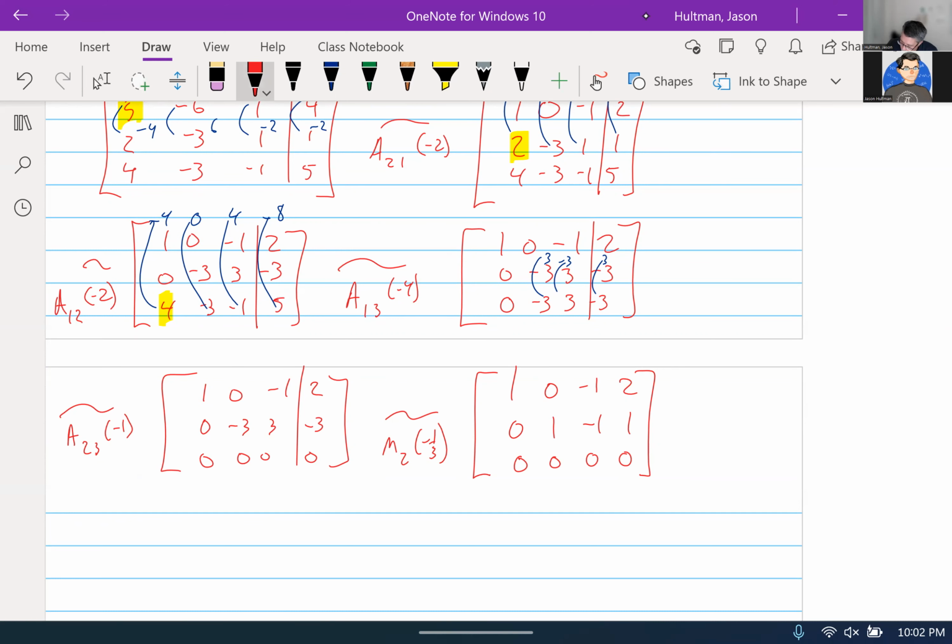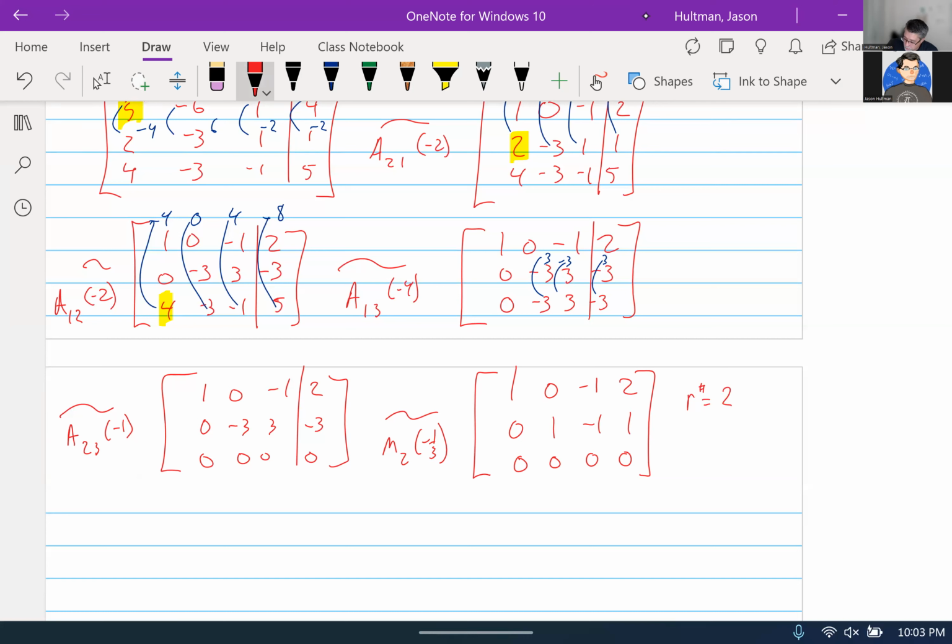So what is the rank? What's the rank of R star? Well, the rank of R star is equal to 2, or R, I keep saying R star, it's R pound. R pound is equal to 2.